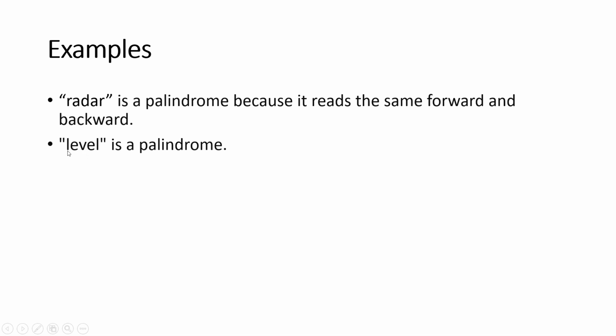Again, this is the same. LEVEL, again LEVEL, right? And 1 2 3 2 1 is a palindrome because in the forward direction and backward direction it is also 1 2 3 2 1, both are the same. Even if you reverse these words, the same result will come, right?